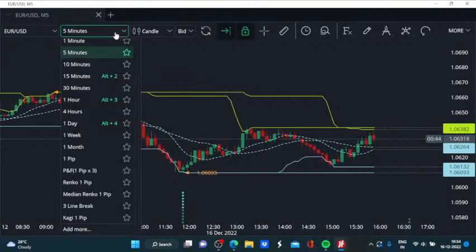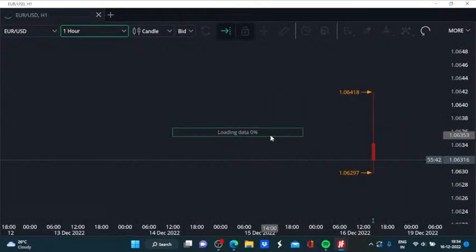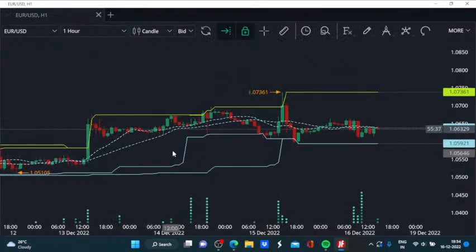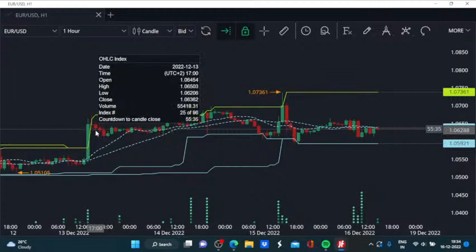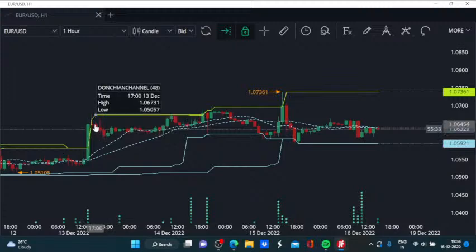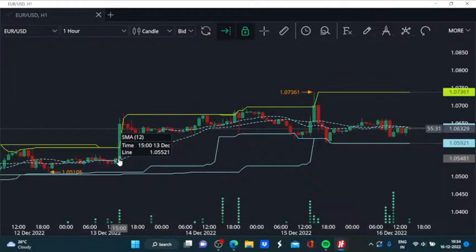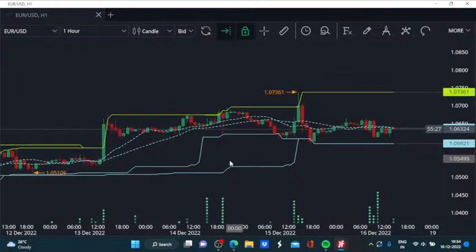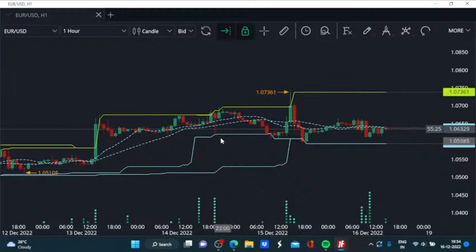If we consider the moves on the larger time frame, here also the momentum has been sideways. We got this sharp spike after the release of US CPI, and after that both these central bank announcements didn't really lead to any substantial move in either direction.